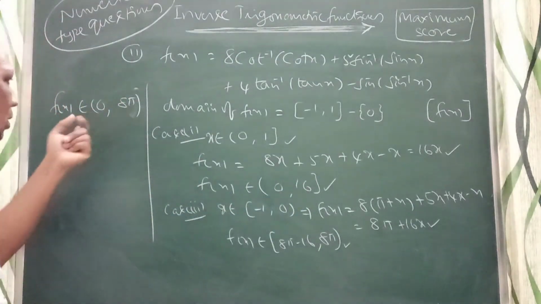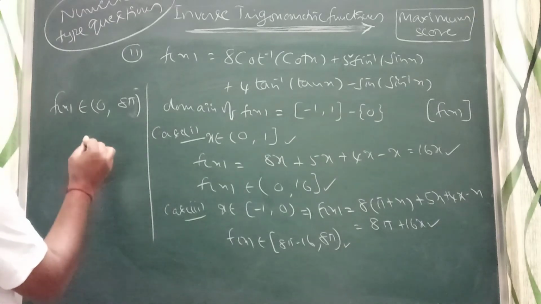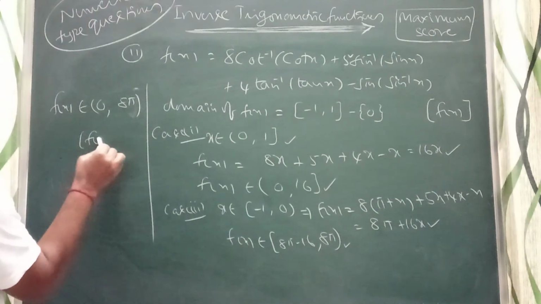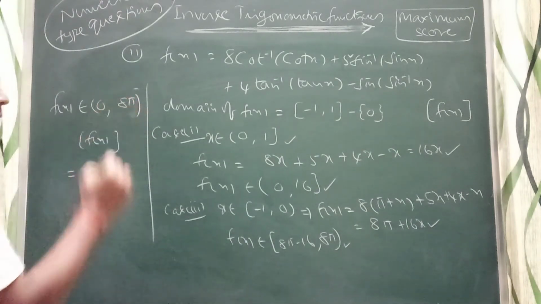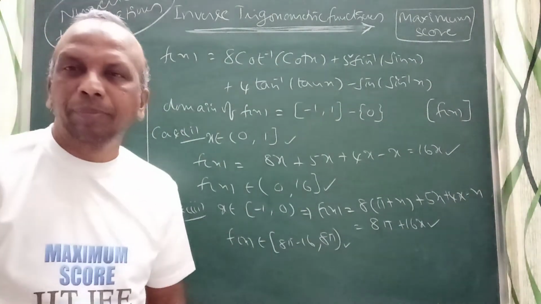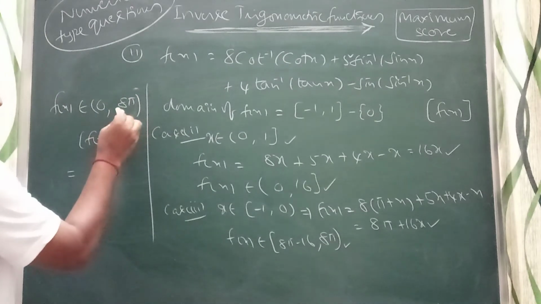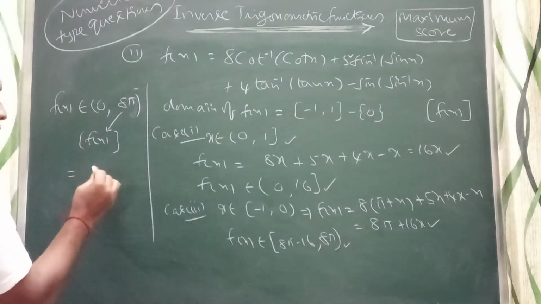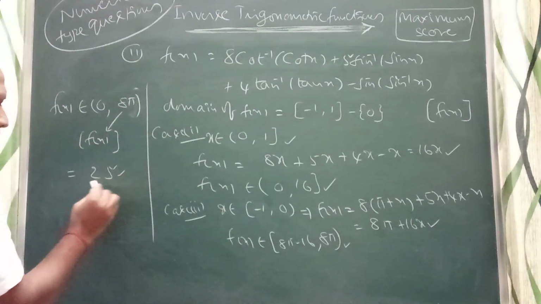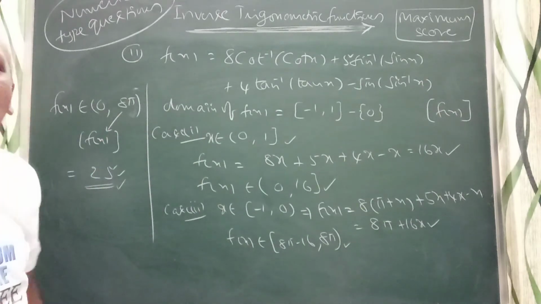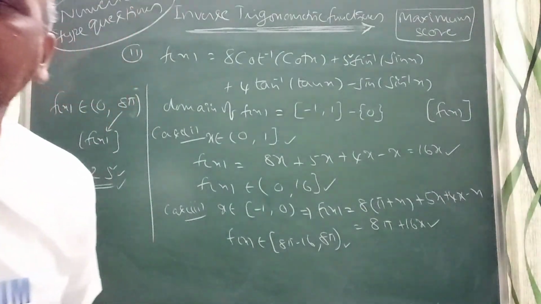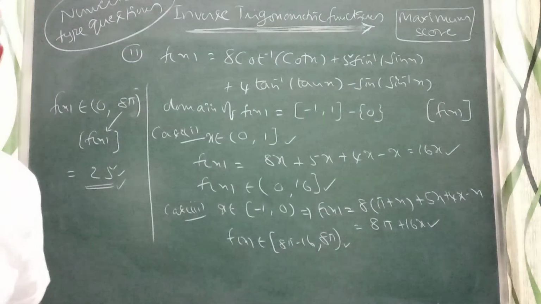Now they are asking the step of f of x. So 8 pi means 25 point something, which gives 25. The answer is 25. The greatest integral value of f of x is 25.